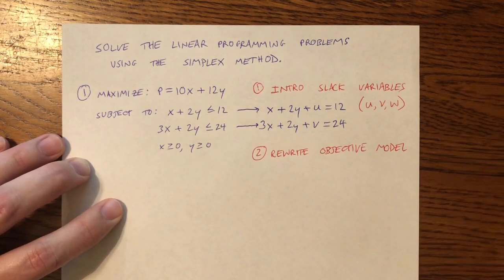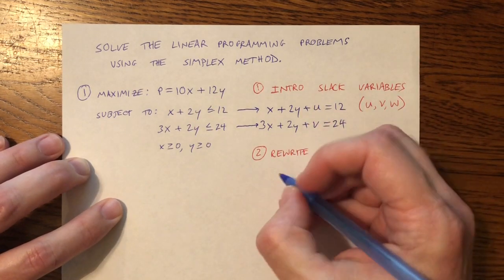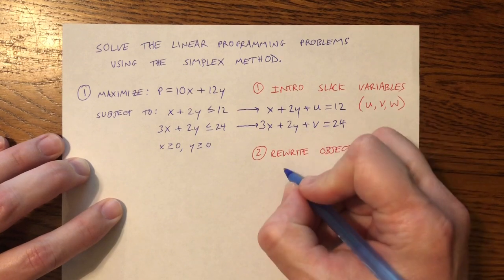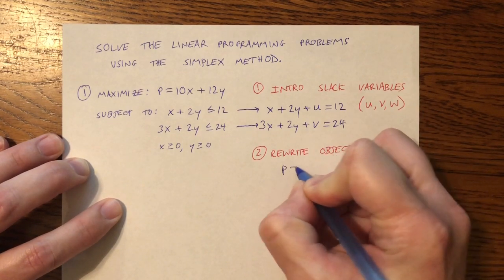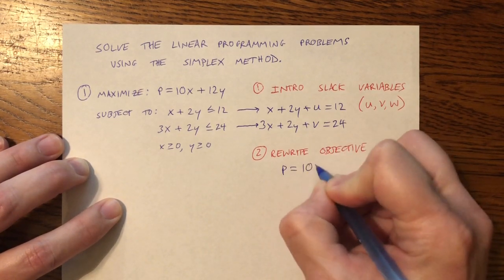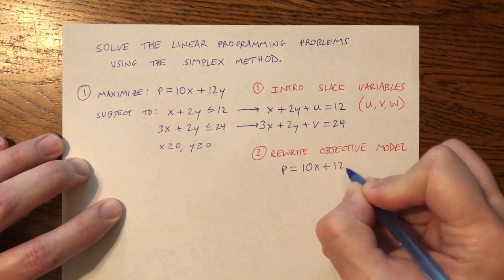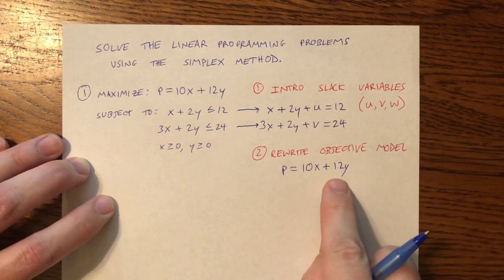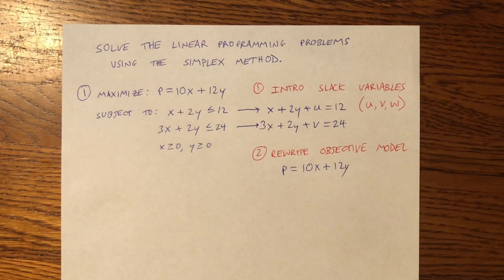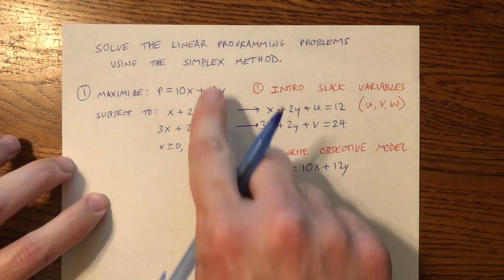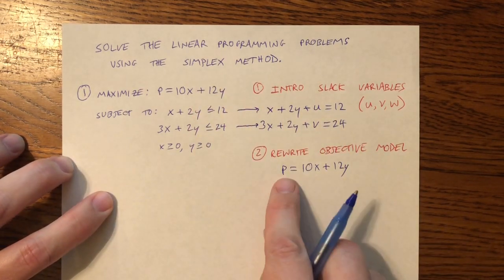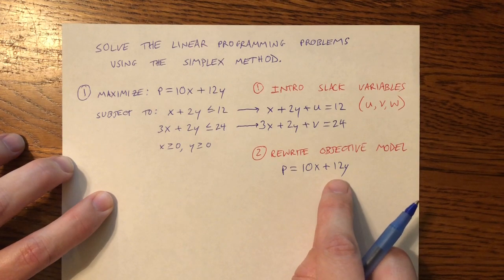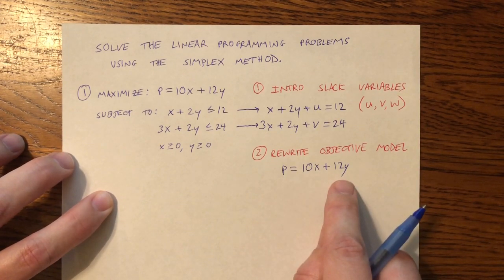So we start off with our maximization model as p equaling 10x plus 12y. And what we must do, based upon the guidelines set forth within the simplex method, is set this equal to 0.